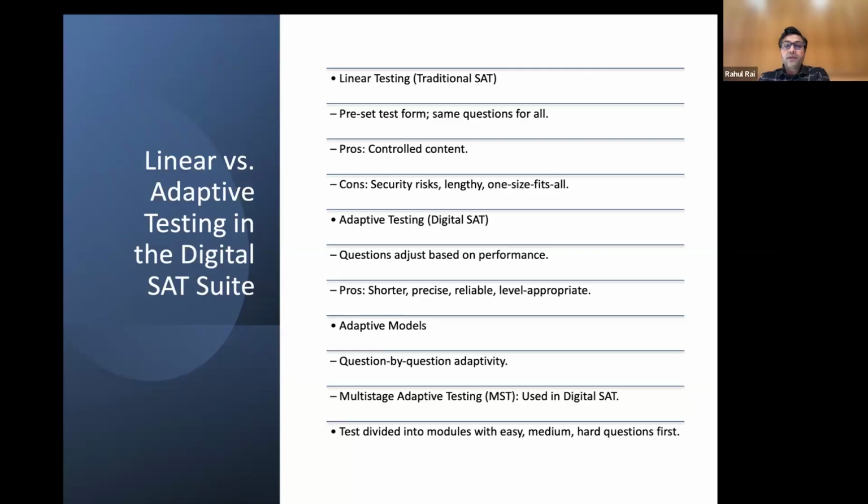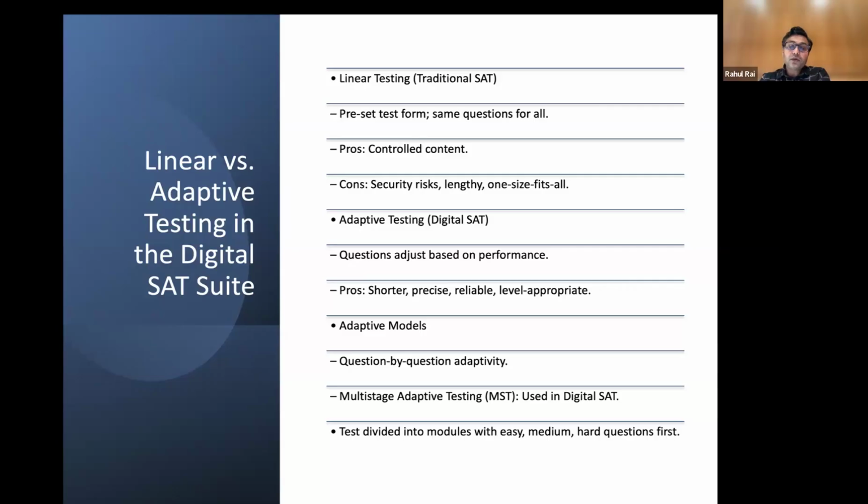Previously, there was the traditional SAT, where you had a preset set of questions, and all the SAT test takers took the same standardized test on a given date. The good thing about that was that every question was the same. It was controlled content.